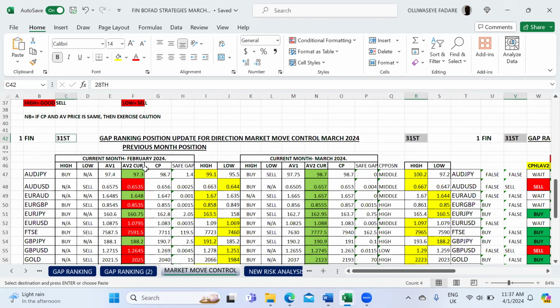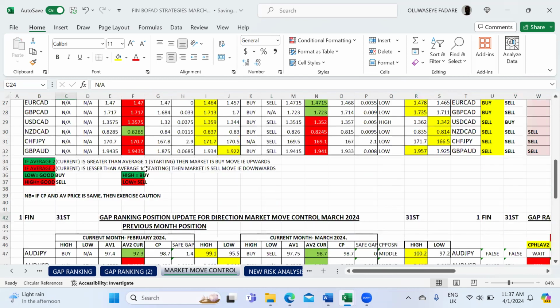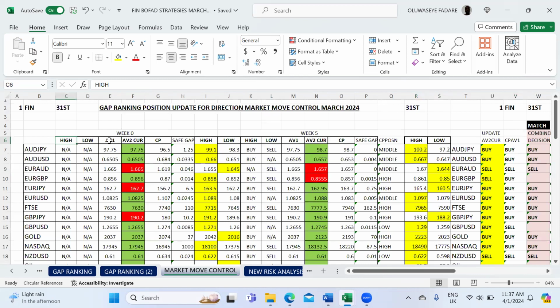So for March as well, we want to see the growth of the market from the beginning of the month to the end of the month, okay? So this is our average one and average two at the beginning of the month at week 0. Both of them usually start as the same, but our average one remains the same. Now let's look at our average two at the end of the period.